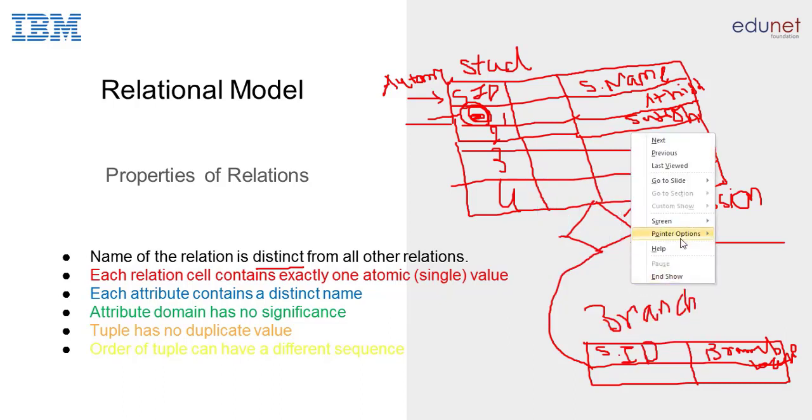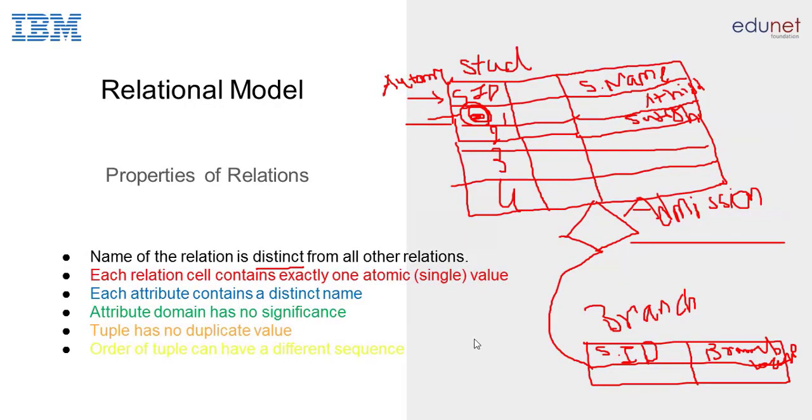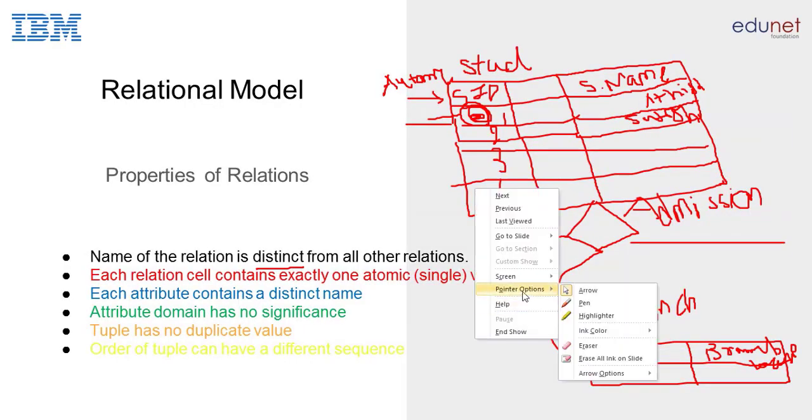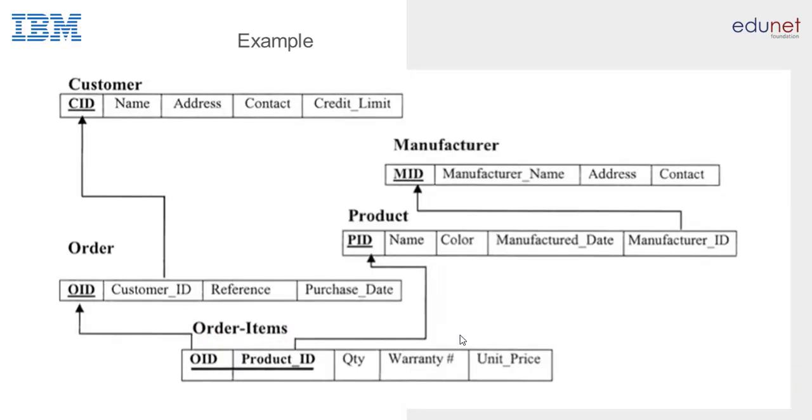Now these properties are over. Now let's understand all these relational model concepts with the help of an example.